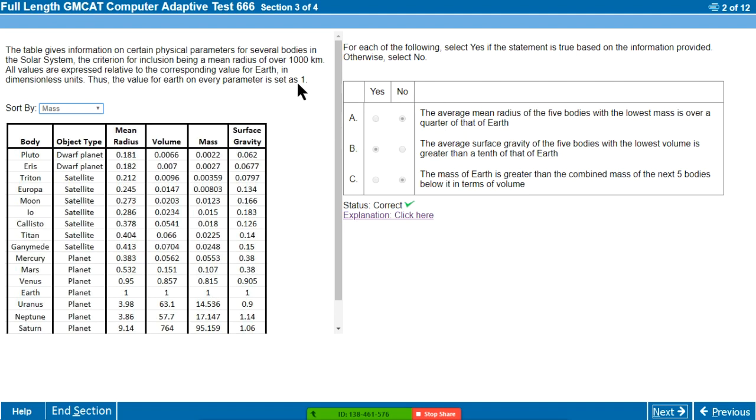So since everything is in the ratio with Earth, we need to just compare the numerical values here and see whether that exceeds 0.25, because over a quarter is 0.25 and we need to find the mean radius. So now after arranging as per mass, now I need to look for the radius values.